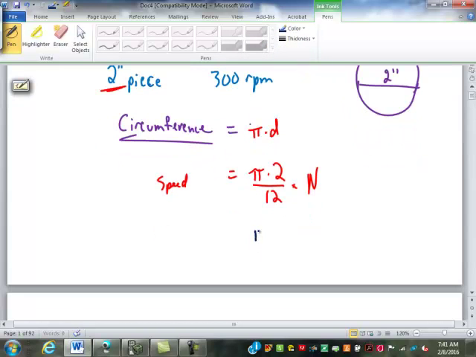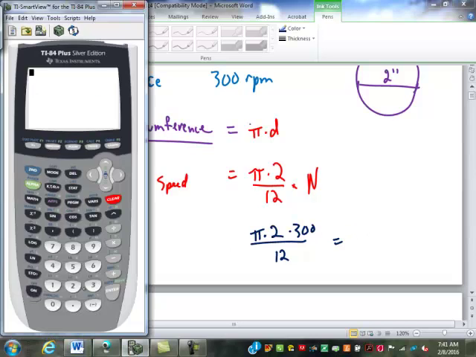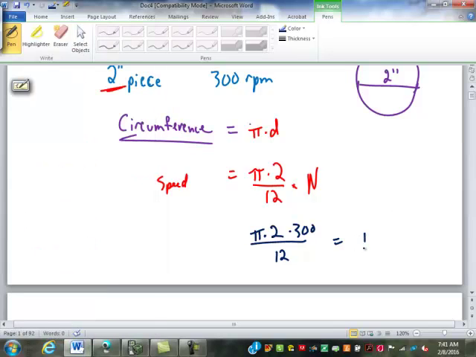So for this one, pi times 2 times 300 RPMs, divided by 12 to make it into feet, is what? 157 feet per minute. Is that what you come up with?